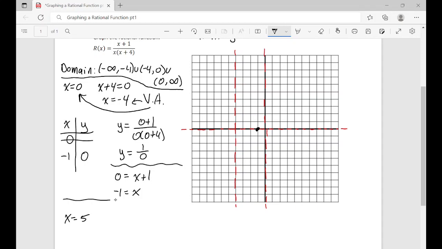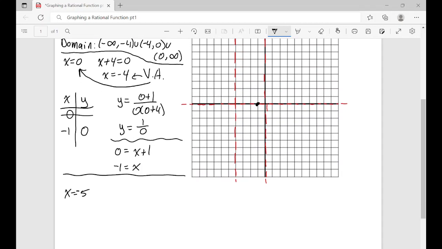I'm going to say x equals -5. So I'm going to plug -5 into the rational function and see what I get. I'm going to get -5 plus 1 over -5 times -5 plus 4.